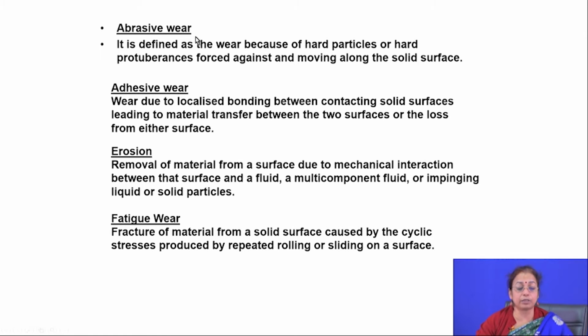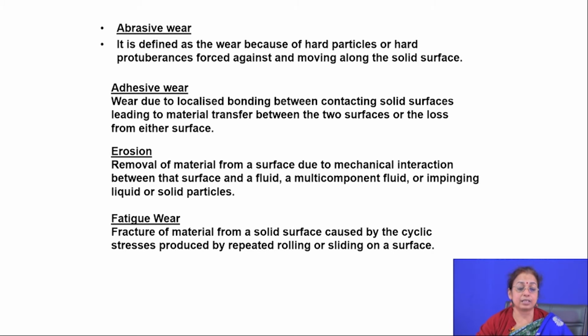So, depending on the mode there are different names of wear, and you have to distinguish between each mode by observing the characteristics. Usually the characteristics of wear are concluded by microstructural observation at different scales.